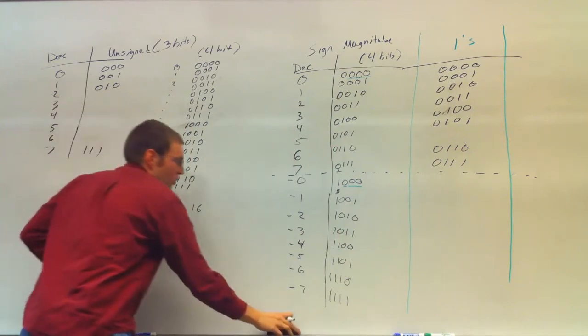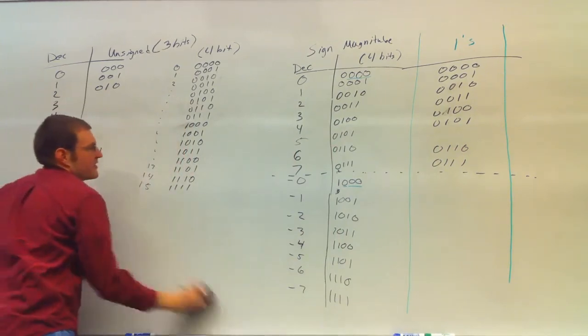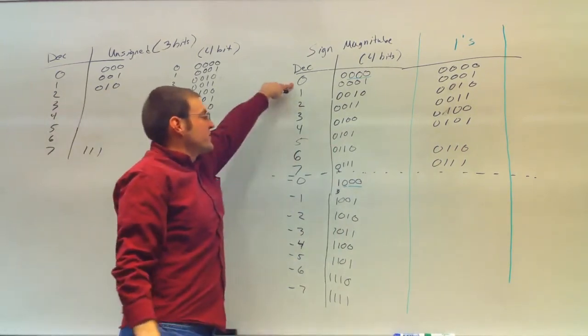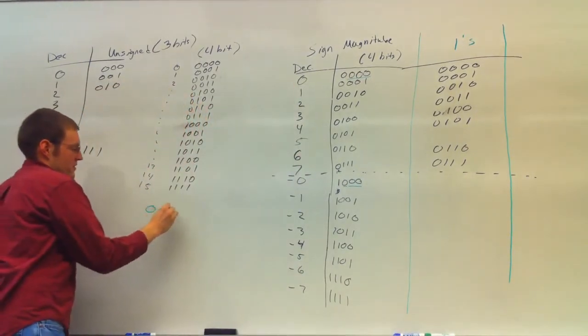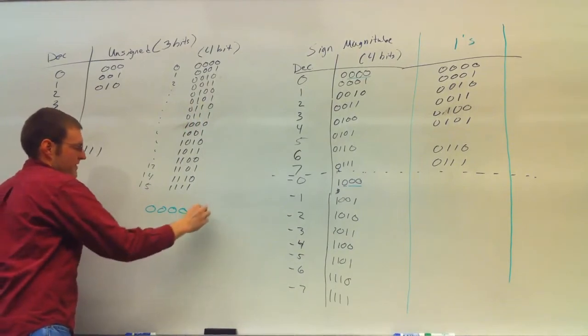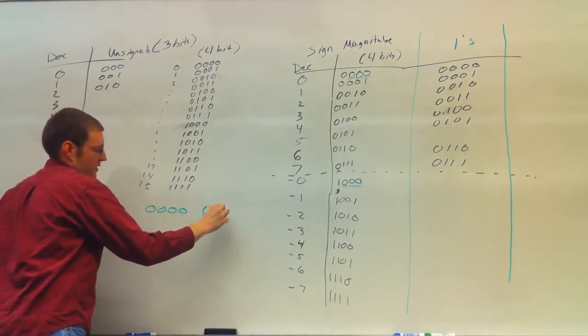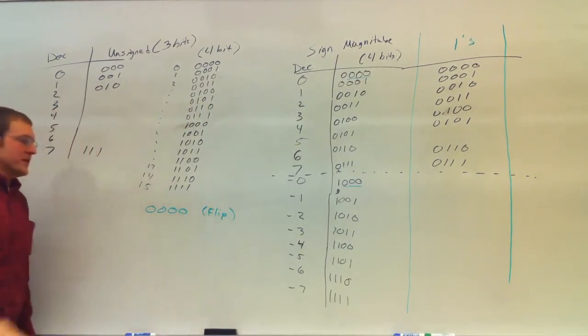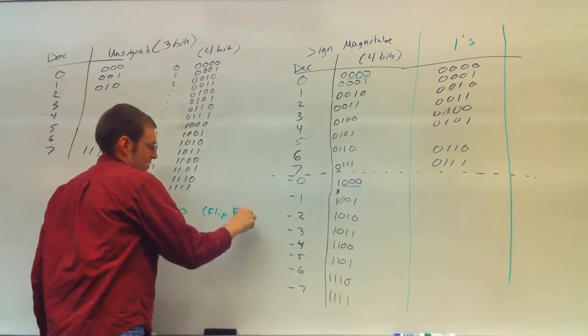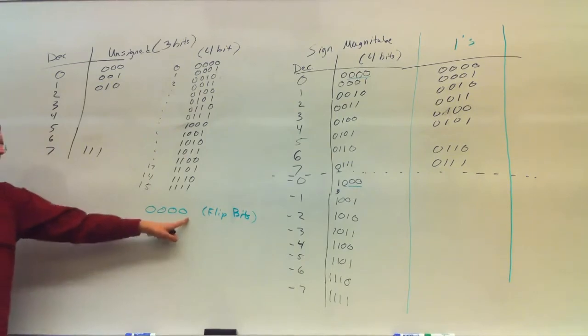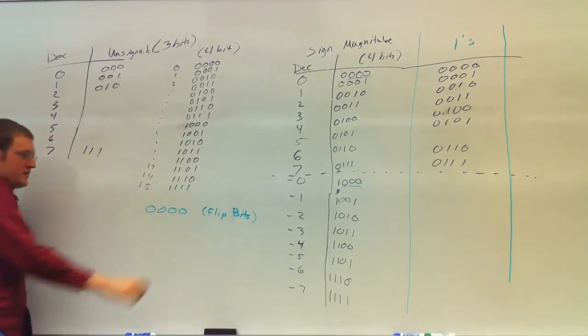So what we're going to do instead is I'm going to take the number 0 here, and we're going to basically flip the bits. So what was 0 is now 1.